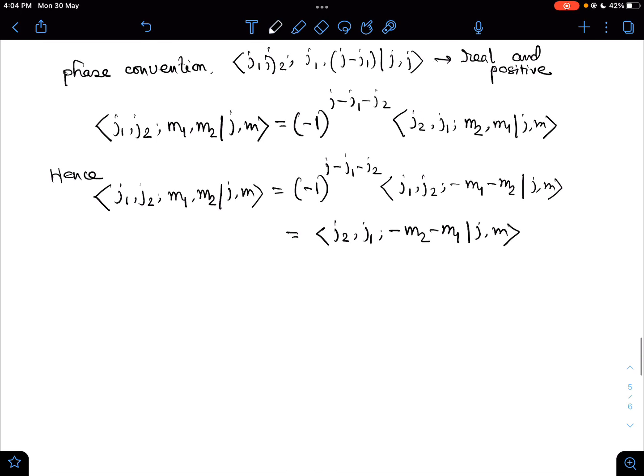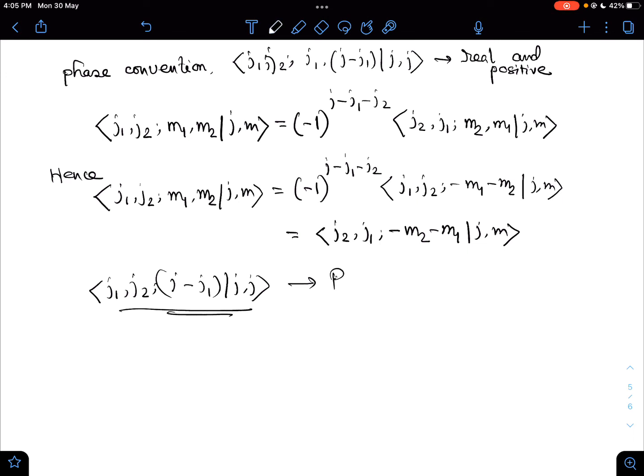One thing you have to notice is that since all the Clebsch-Gordon coefficients are obtained from a single coefficient, this J1, J2, J minus J1 and JJ, and since this coefficient is real, all other Clebsch-Gordon coefficients must be real.